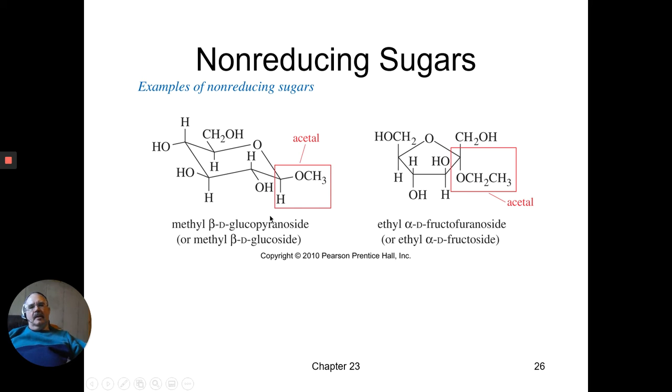But if you have an acetal group, then acetals are more stable than hemiacetals, and this ring won't continuously open and close. And so this won't react with Tollens or Benedict's reagent.